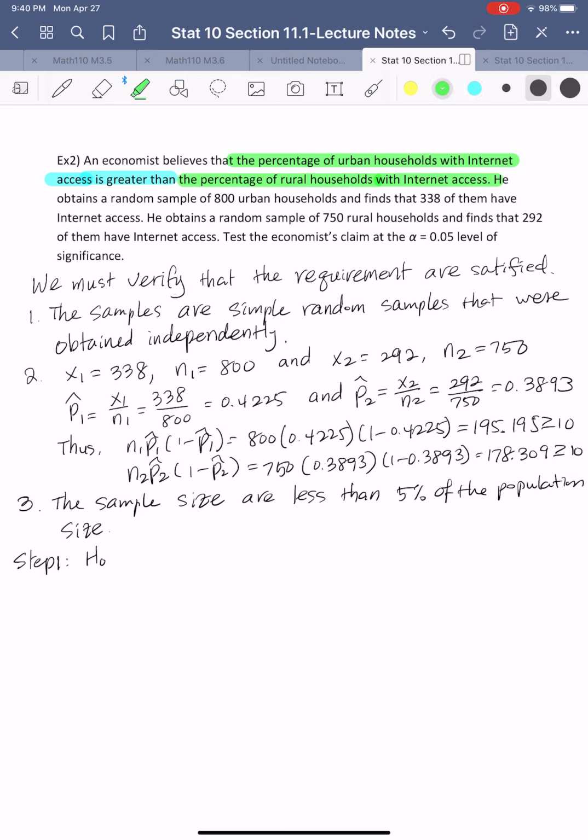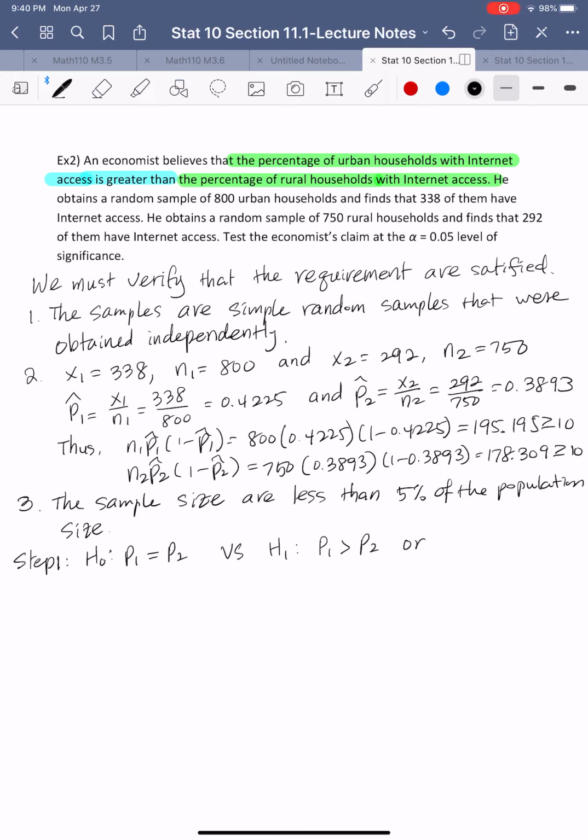Okay, all right. So the null hypothesis H sub 0 is p1 equal to p2, versus H sub 1, which is p1 greater than p2.